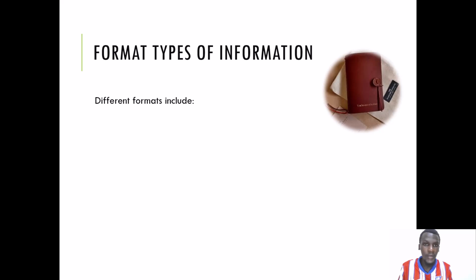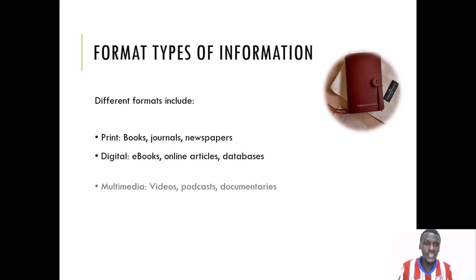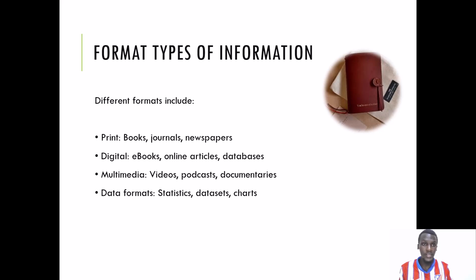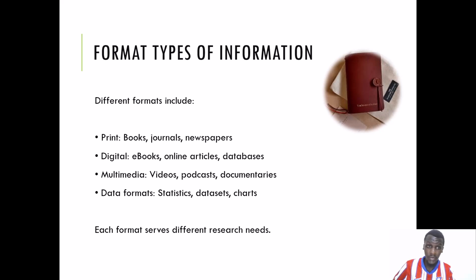Now let's go to the format types of information. There are different format types, and they include print, digital, multimedia, and data formats, as you can see. For print, we have, of course, what I explained at the beginning of the video: books, journals, newspapers, which are printed, most times on paper. Then we have digital, which are e-books, meaning online books, online articles, and databases.